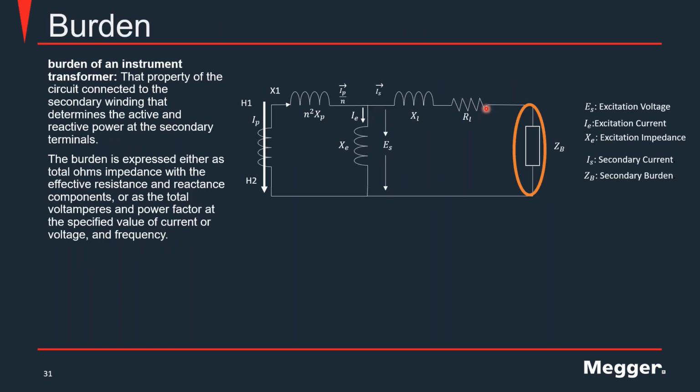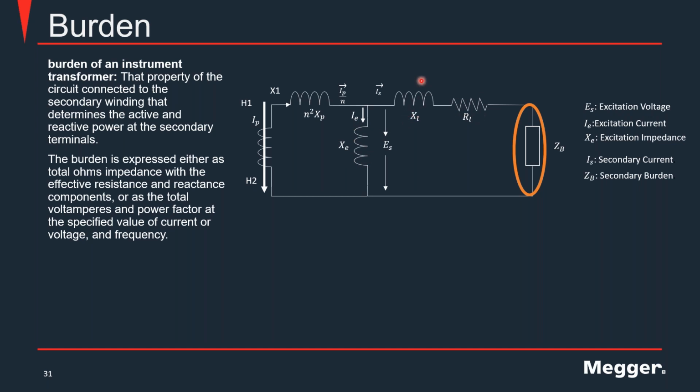Now, the burden on the current transformer is that load that is connected to the secondary of the current transformer. Remember, from here and looking to the left, this is the current transformer itself. This would be the primary, this would be the excitation branch or the excitation impedance. Then you have the leakage and the winding resistance.